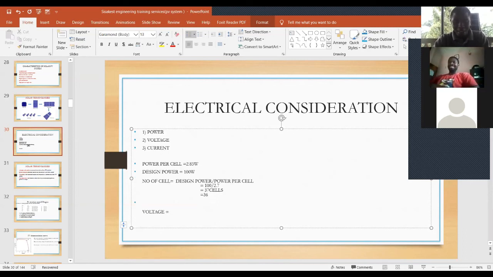The answer is 1 over V total is equal to 1 over V1 plus 1 over V2. Yes. We know that. And you know that if you do that, the total voltage will be less than the voltage of the individual one. Don't worry, when you can solve that math.